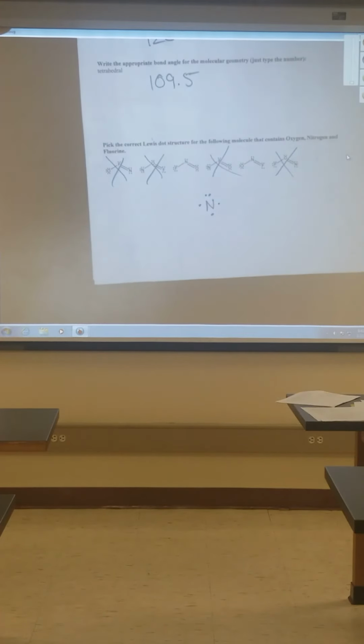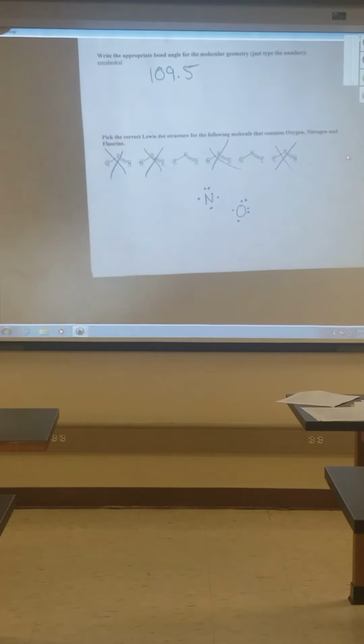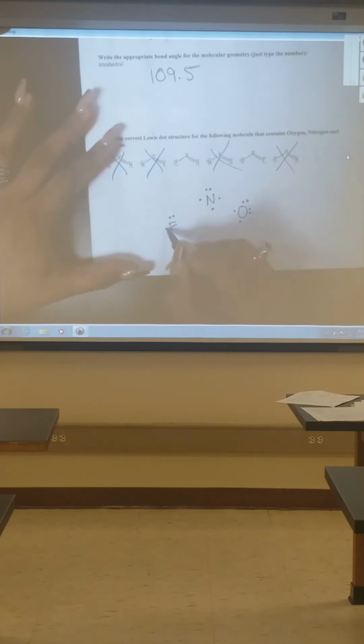Oxygen is in group 16, which means they have 6 valence electrons: 1, 2, 3, 4, 5, 6. And then we've got fluorine, and it didn't matter whether you put the oxygen on that side or that side. Fluorine is in group 17, so fluorine has 1, 2, 3, 4, 5, 6, 7.